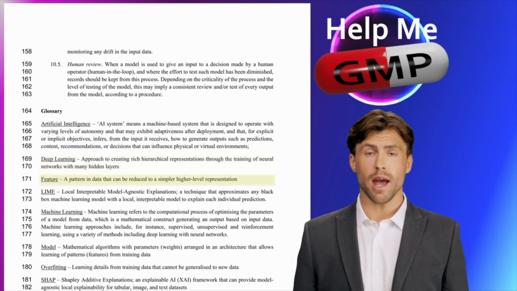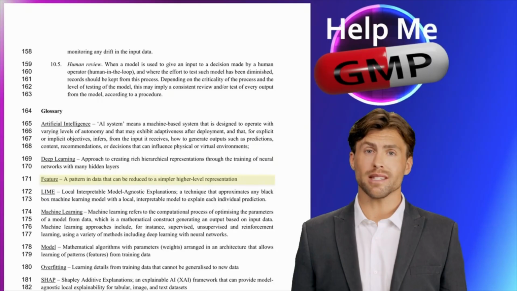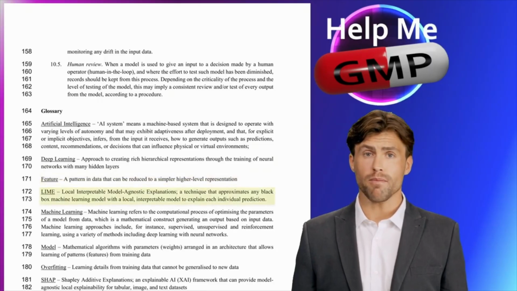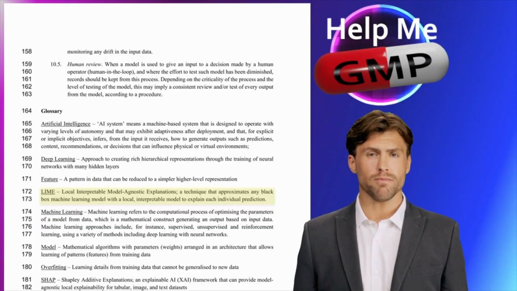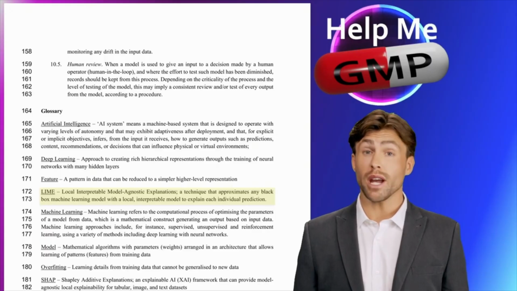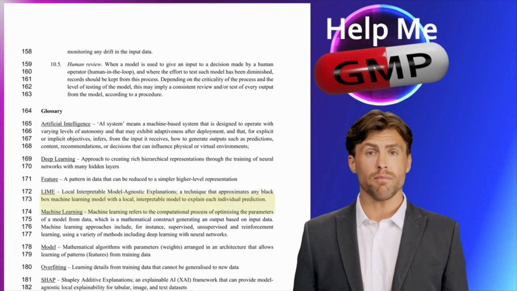Feature: a pattern in data that can be reduced to a simpler, higher-level representation. LIME, local interpretable model-agnostic explanations. A technique that approximates any black box machine learning model with a local, interpretable model to explain each individual prediction. Machine learning.